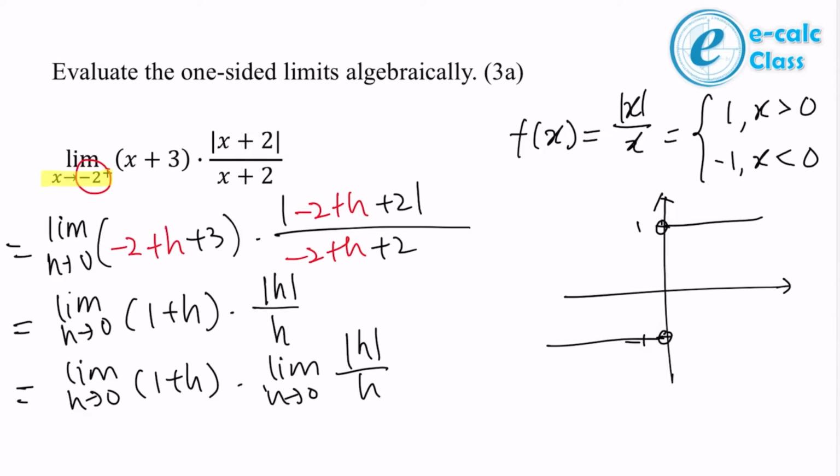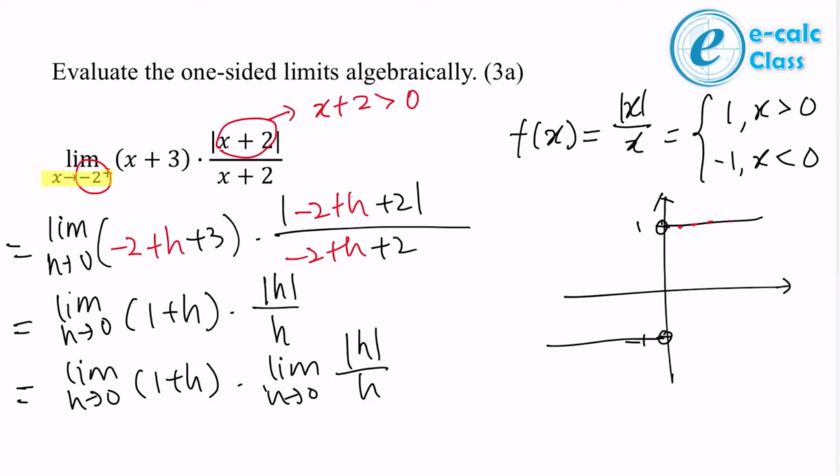Then if your x is negative 1, what happened to you? Your x plus 2, negative 1 plus 2, is actually greater than 0, which means the absolute value of x plus 2 over x plus 2 will be positive. So you are taking the positive portion of this graph.